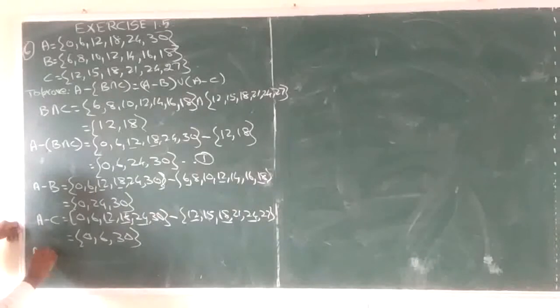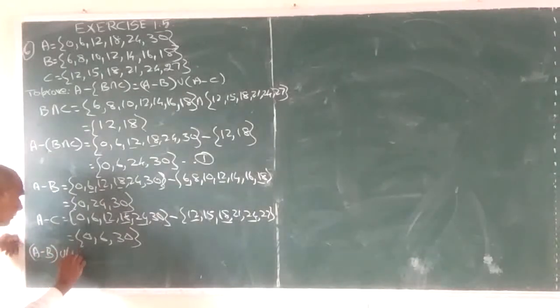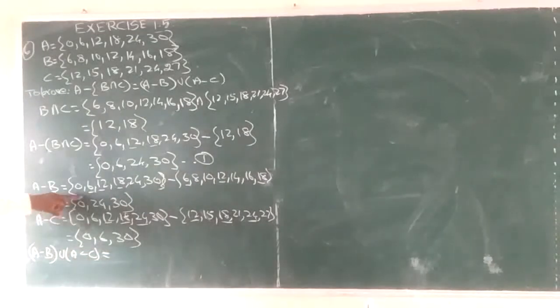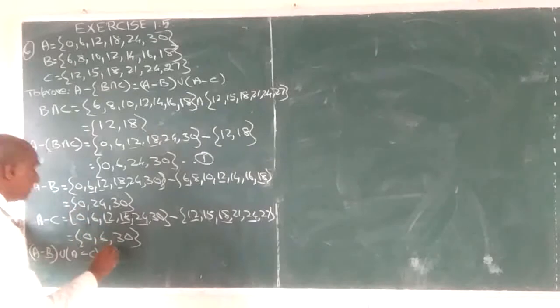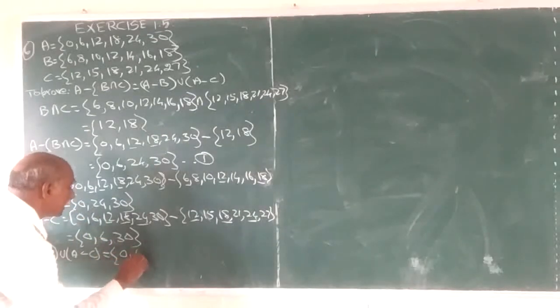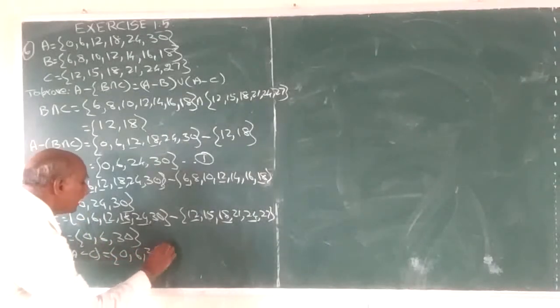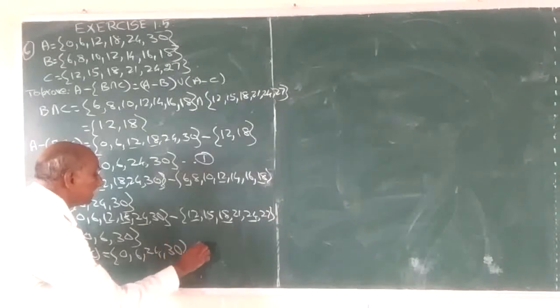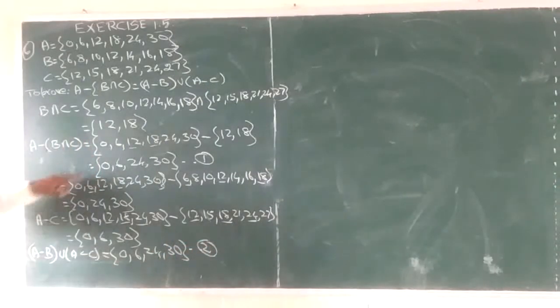Now find RHS: A difference B union A difference C. You have to combine these two sets, then you get 0, 6, 24 and 30. This is equation 2. The first and second equations are equal.